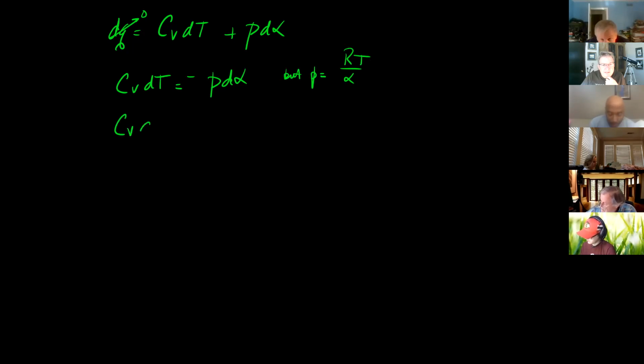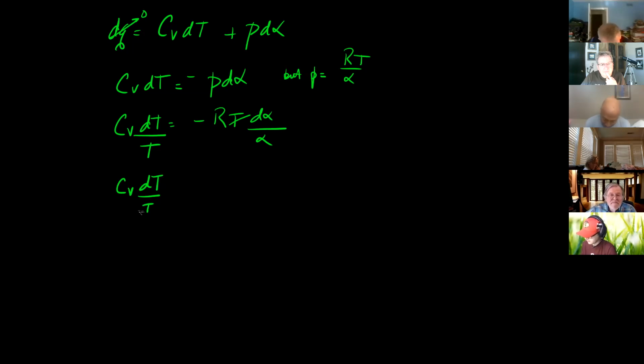So CV dt equals minus RT d alpha over alpha. Divide both sides through by T. And what does this start looking like? What is this very similar to? What should this look like, the derivation of?